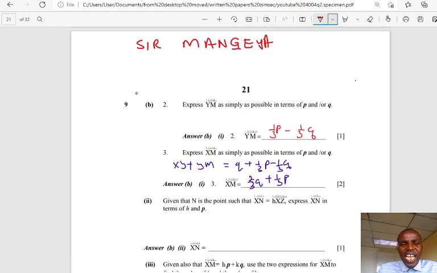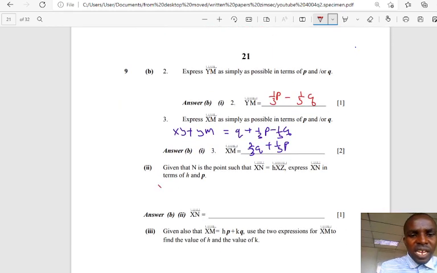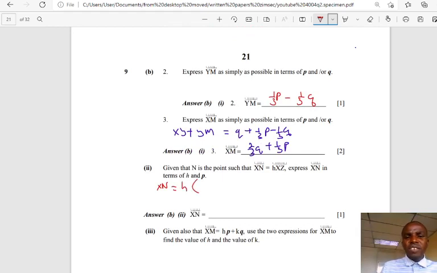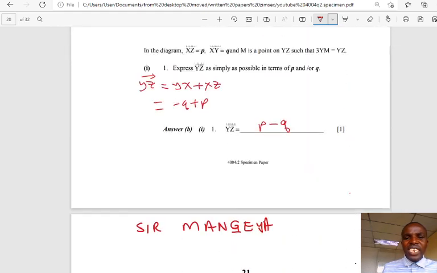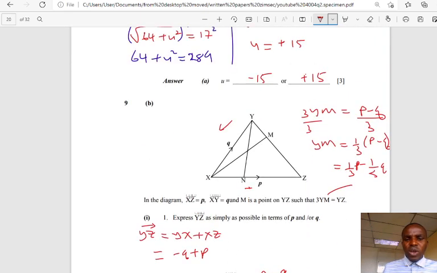Next, given that n is the point such that xn equals h xz, express xn in terms of h and p. You just write xn equals h, then open bracket, then you put xz. Either xz is given or we have worked it out.